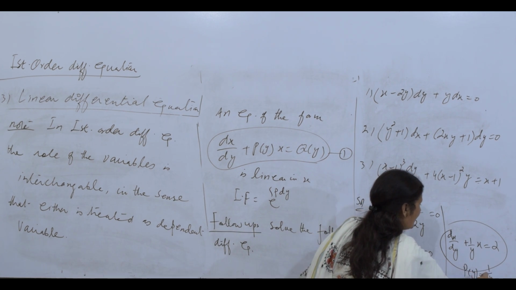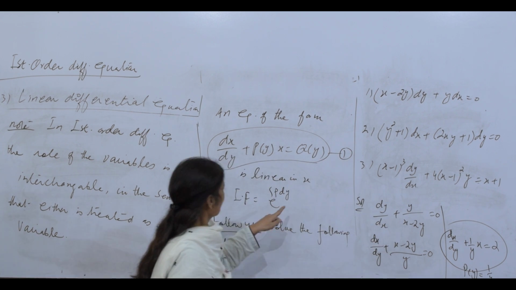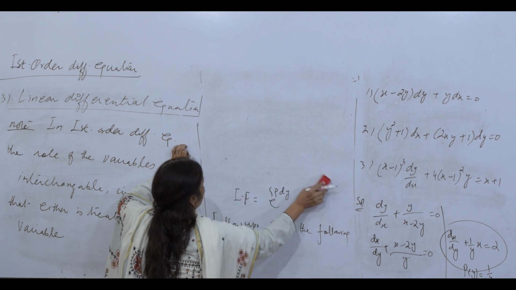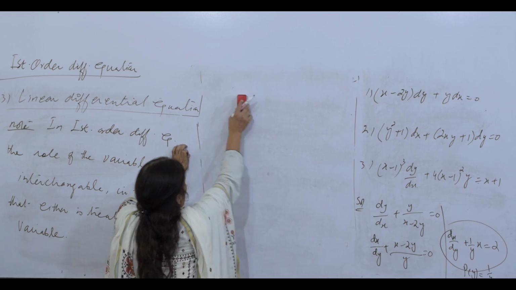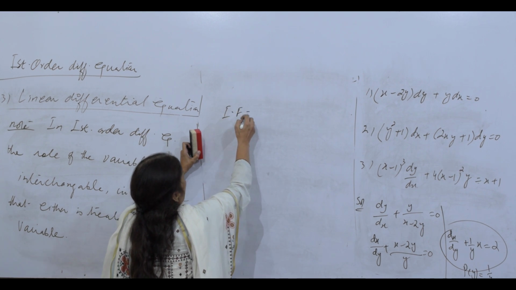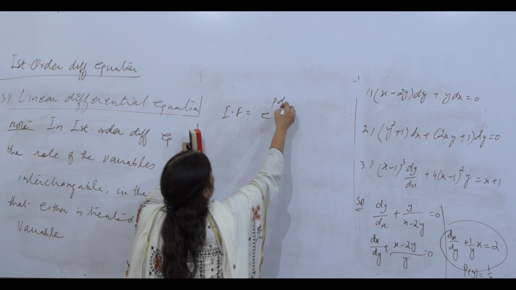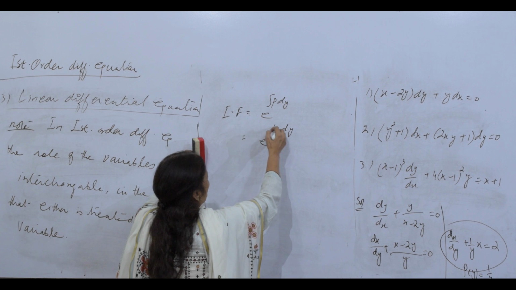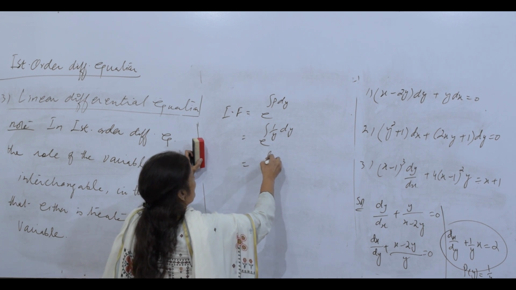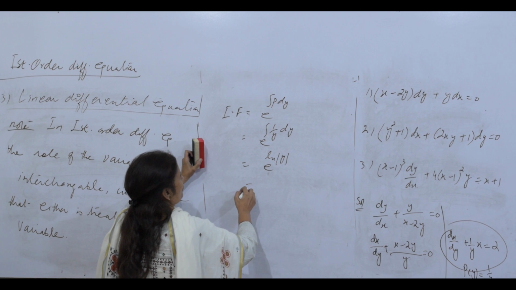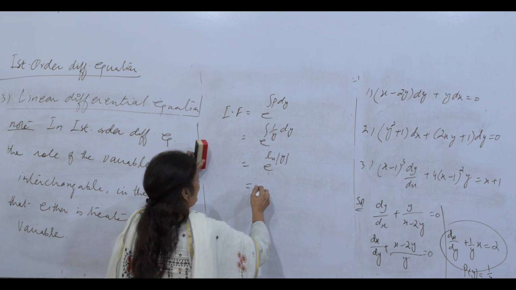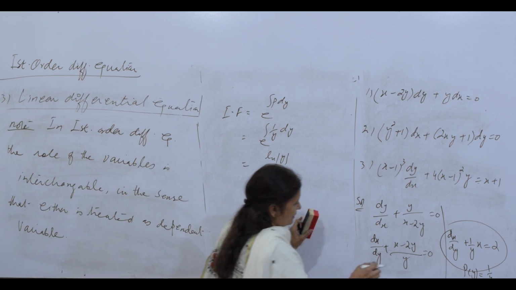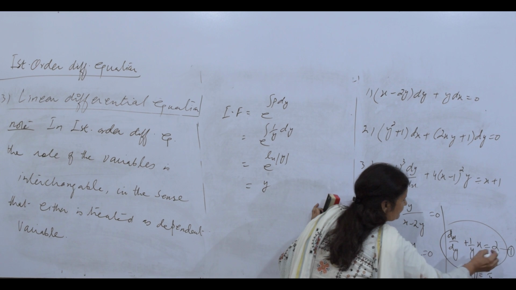This is 1 over y. So I am finding the integrating factor now. Integrating factor is e to the power integral p dy, because independent variable is y this time. This is integral of 1 over y dy, which is ln y. So e and ln cancelled, you are left with y. Integrating factor is y.